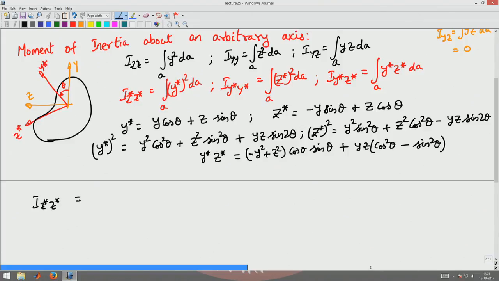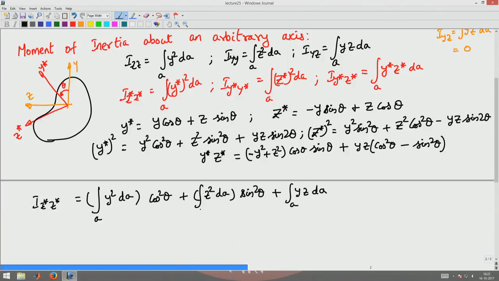This will become integral y square dA cos square theta plus integral z square dA sin square theta plus integral yz dA sin 2 theta.